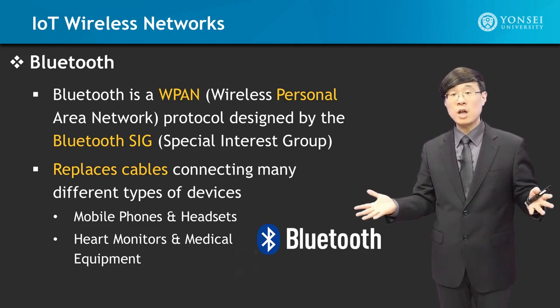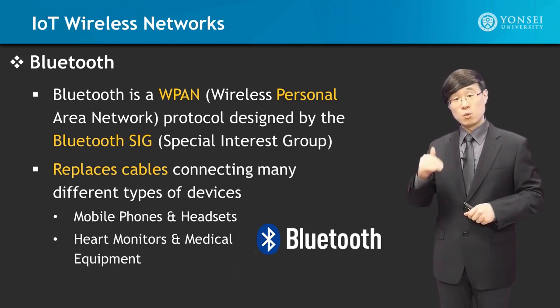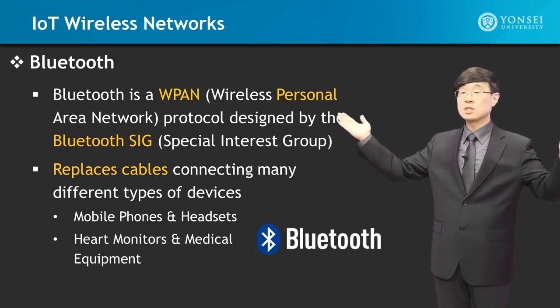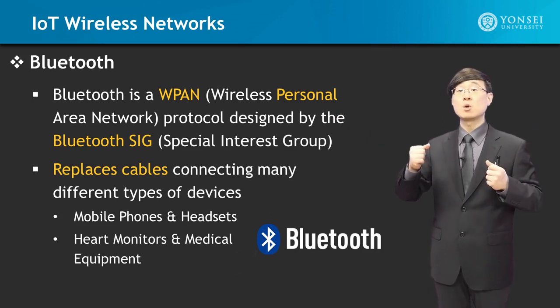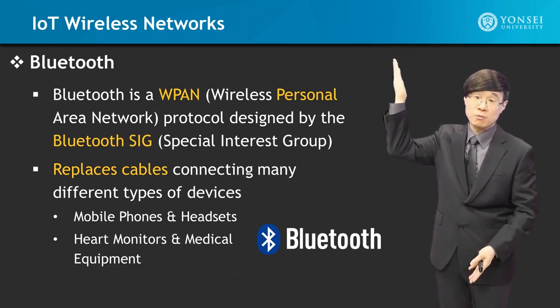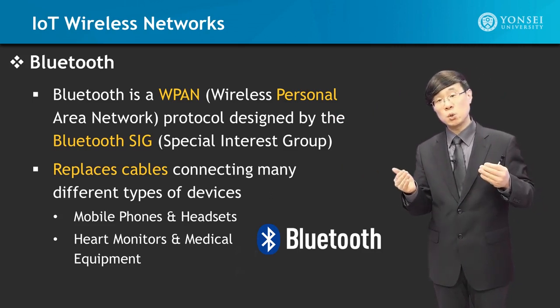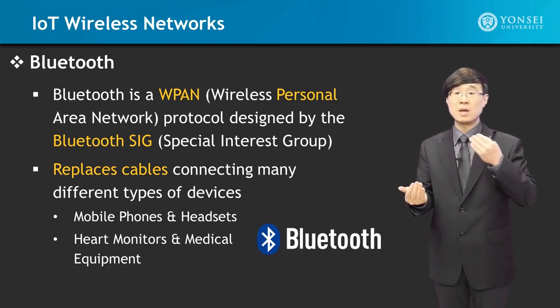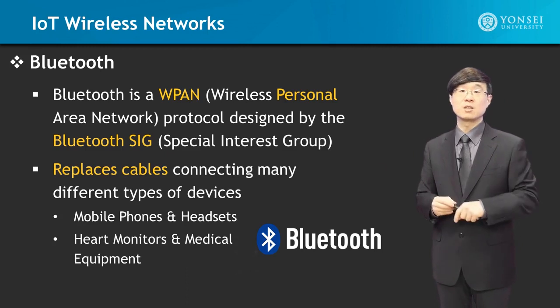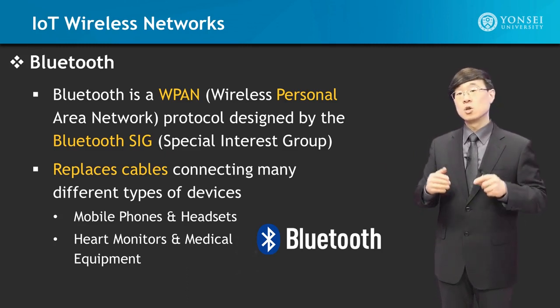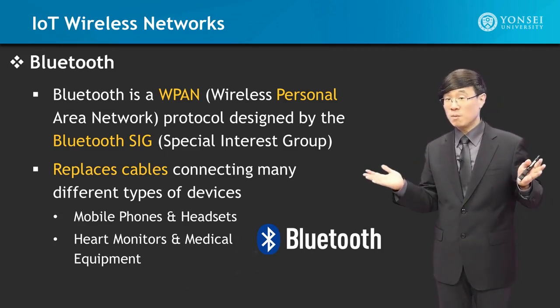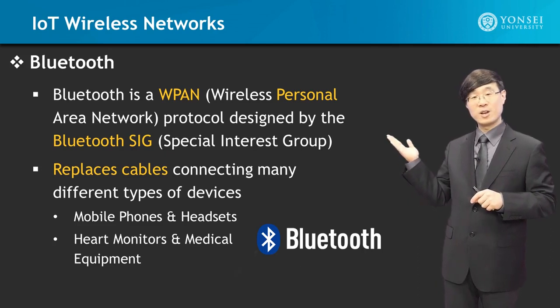Whereas a local area network would be the room that you're in and a couple of surrounding rooms, maybe even the room on the upper floor and the lower floor, sharing an access point that is connected to the wireless local area network, which is also connected to the internet. So your local area network is larger than your personal area network.